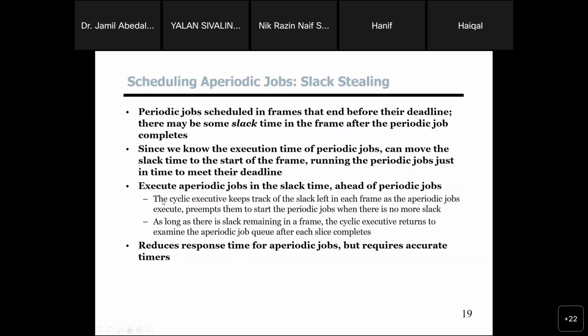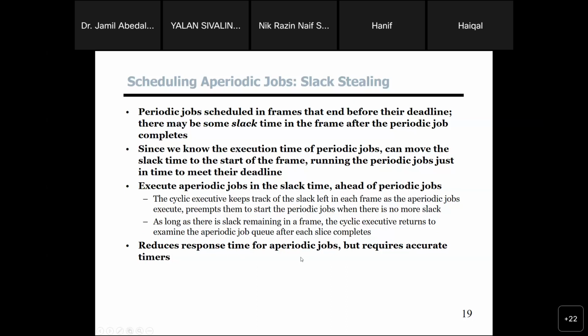So the cyclic executive keeps track of the slack left in each frame as the periodic job executes. It preempts them to start the periodic job when there is no more slack. As long as there is slack remaining in a frame, the cyclic executive returns to examine the aperiodic job queue after each slice completes.